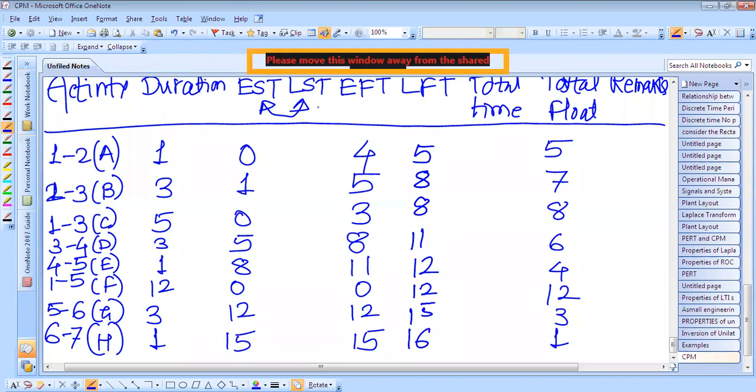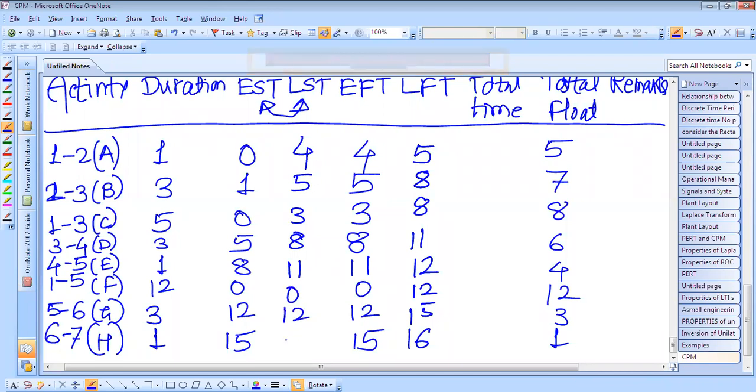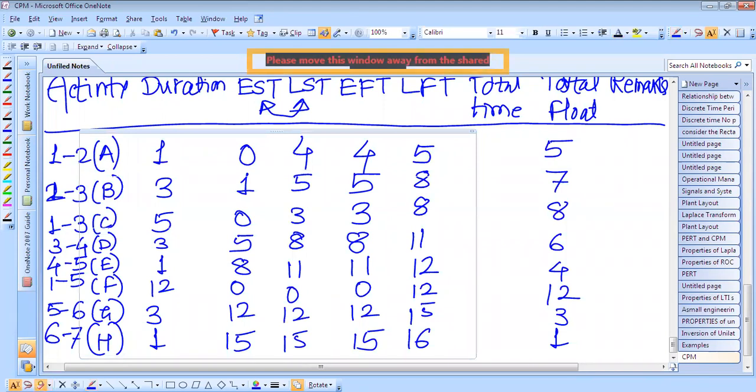And LST, it is 4, 5, 3, 8, 11, 0, 12, 15. And what is the EST? What is happening with this?